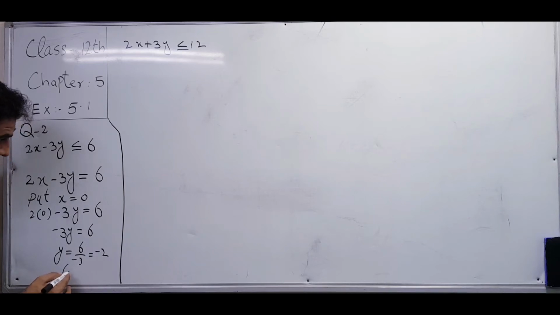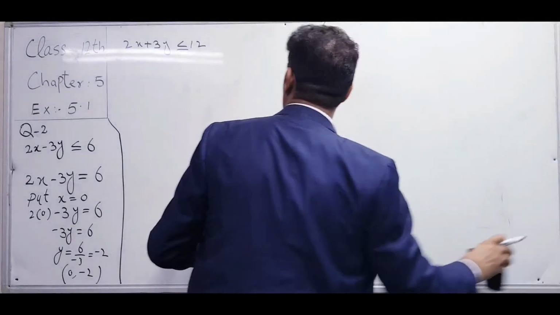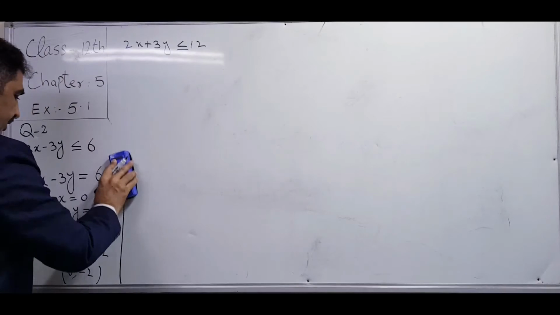The second ordered pair I find, put first the value of x. The first ordered pair we will find is 0, minus 2. In the same way, we have to find the second value.